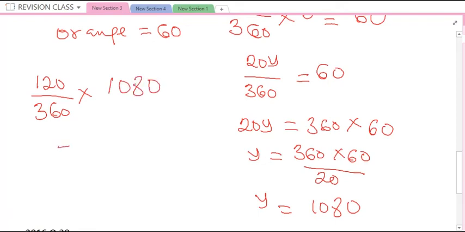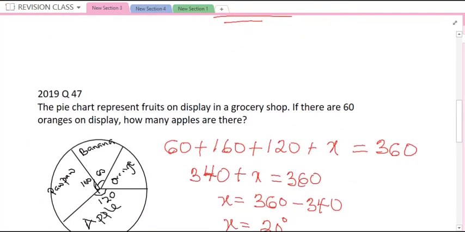So the number of apples on display will be 120 times 1080, everything divided by 360, and the number of apples would be 360. That will be the solution to the question in 2019 question 47.